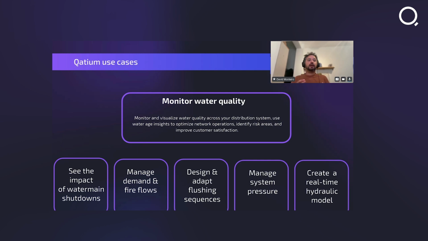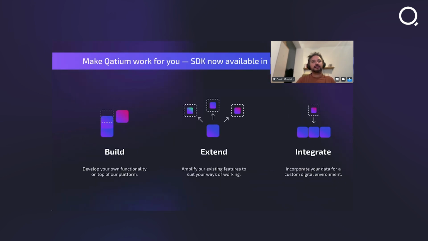But we'll also be able to see how the water age moves and evolves across the day, and actually understand, if any action happens, what is the impact on the network, right? So let's dive right in, and after that we'll talk some more about the SDK and the rest.